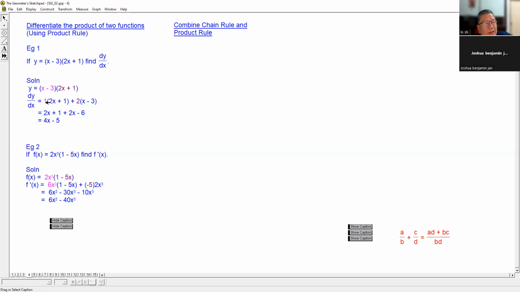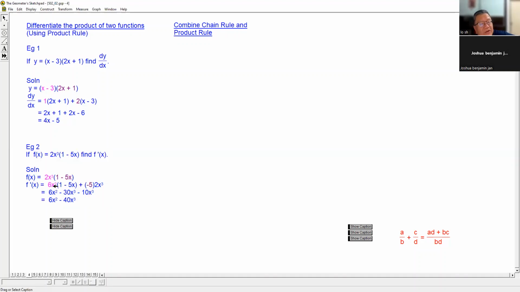Differentiate the pink color, you get 1. Brown color, you keep, copy exactly the same. Then plus brown color, you differentiate. The pink color, you copy down exactly the same. Don't change anything. Then you just add them up. That is the answer.